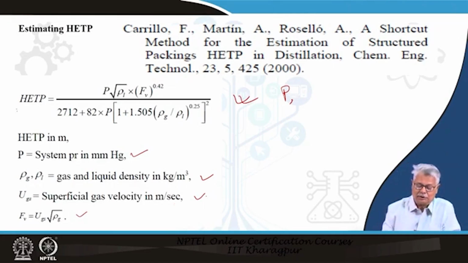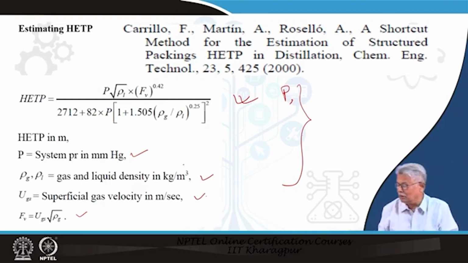In this expression, if you evaluate your problem with these known conditions at the top and the bottom, you will find there are two different values of HETP, but the differences are not high.